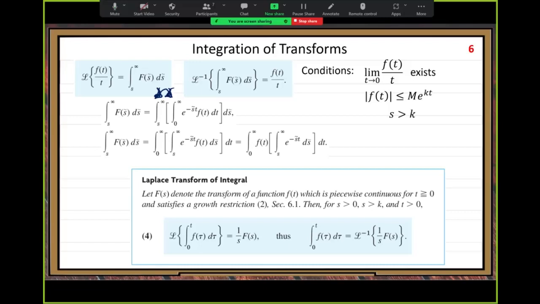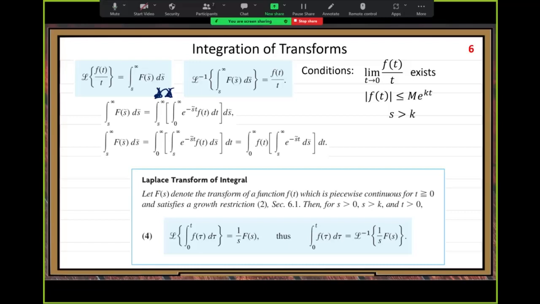After we do that, when you swap the integrals, the dummy variable also swaps. Now dt is outside and ds tilde is inside, so little s tilde becomes the dummy variable.